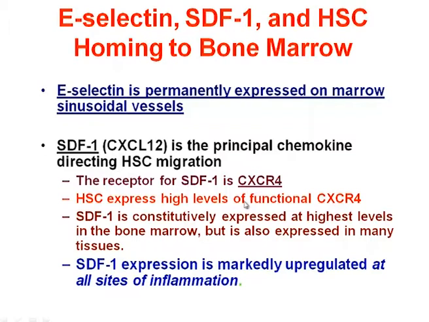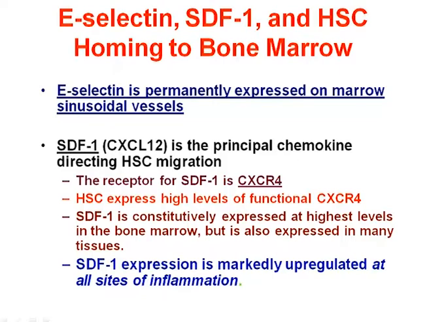Hematopoietic stem cells express high levels of functional CXCR4. So the SDF1 molecule, which is constitutively expressed in the marrow, then engages the CXCR4 on the hematopoietic stem cell surface, upregulating VLA4 activation and firm adherence on VCAM1. That VCAM1 molecule is also expressed constitutively in the marrow endothelial beds.